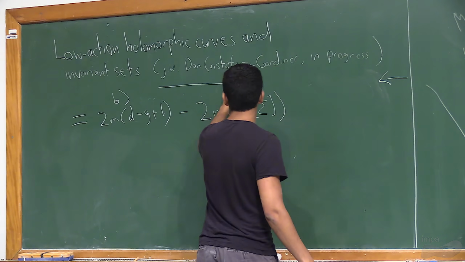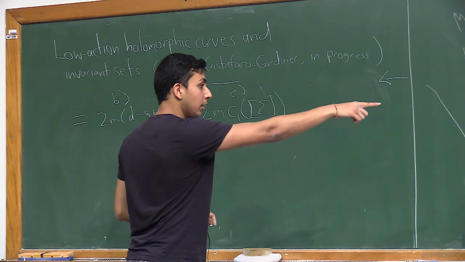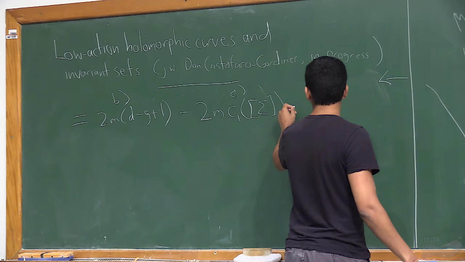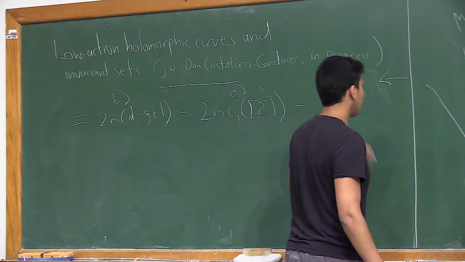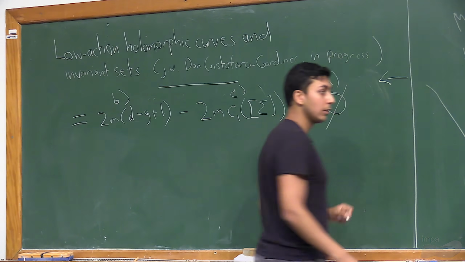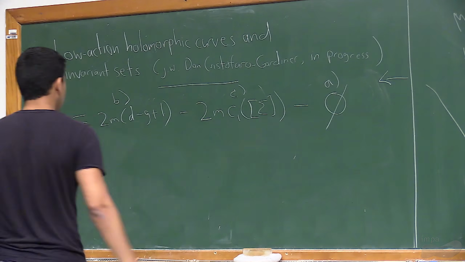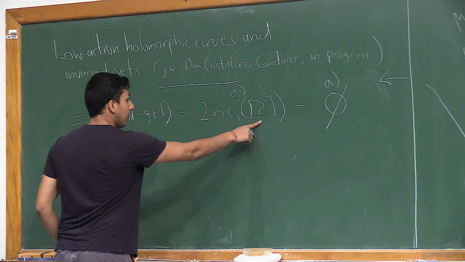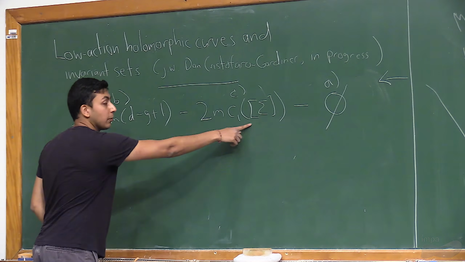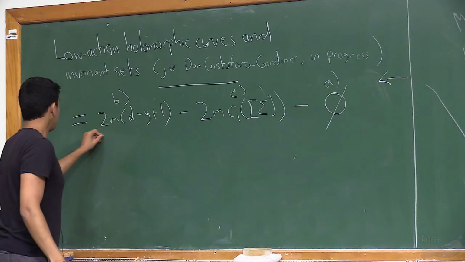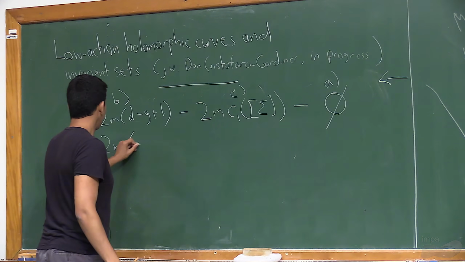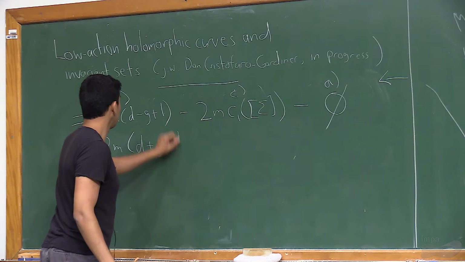And then finally, the Conley-Zander terms all cancel out. And this is just because of the fact that the top and bottom limits coincide. Okay? And we can easily evaluate this. This is just 2 minus 2g. And so we get that this is equal to 2m times d plus g minus 1.